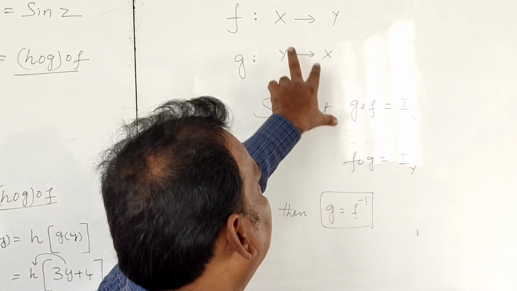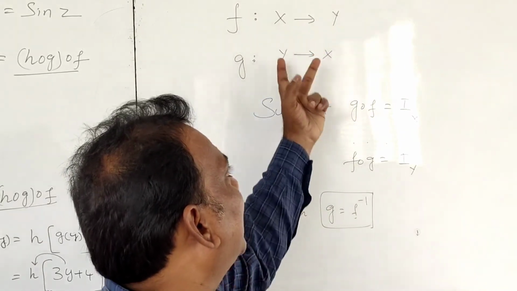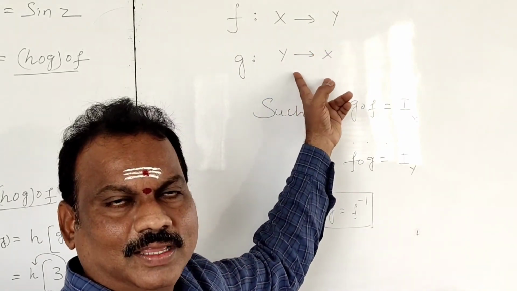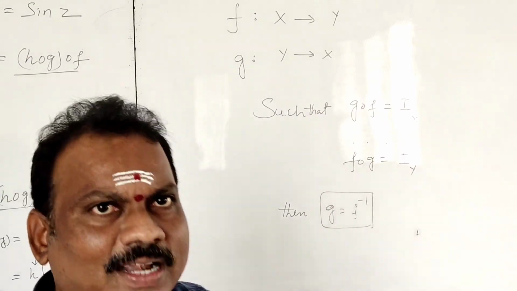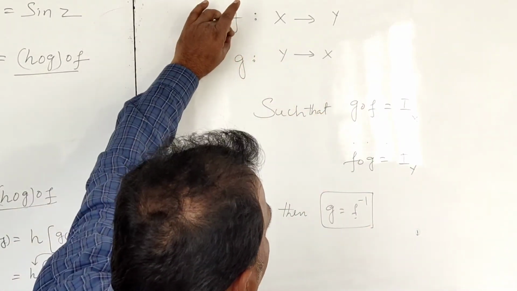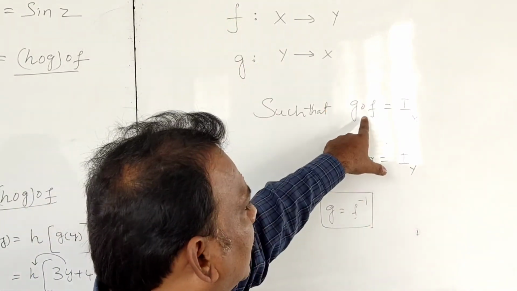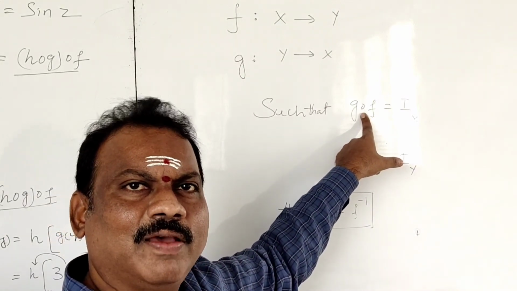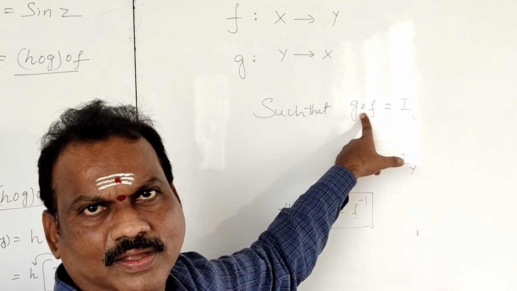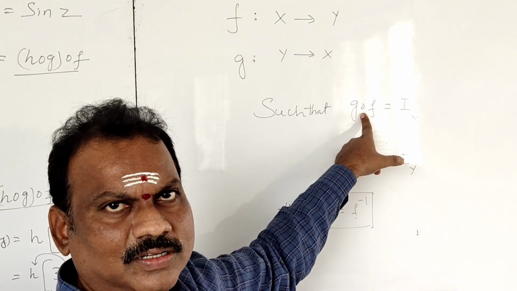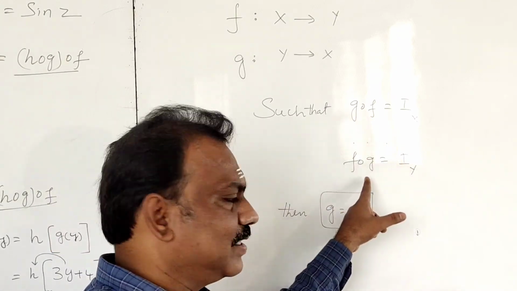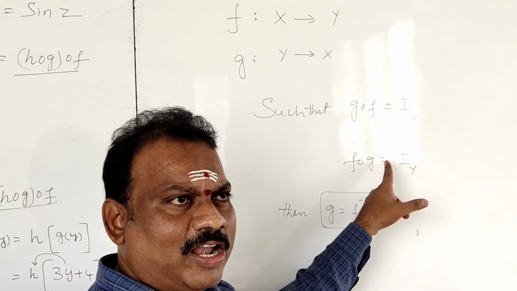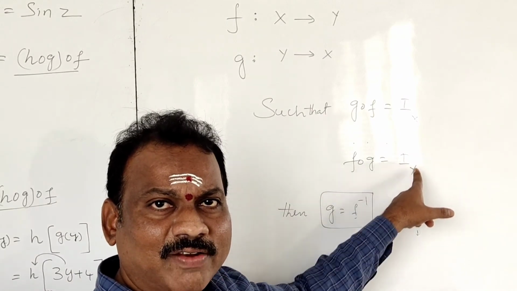How does it exist? The domain and codomain are interchanged. If it exists like that, consider the composite functions of these two functions. You know very well, the composite may be f circle g or g circle f. Correct, students? If f circle g exists, its value should be the identity function on Y.